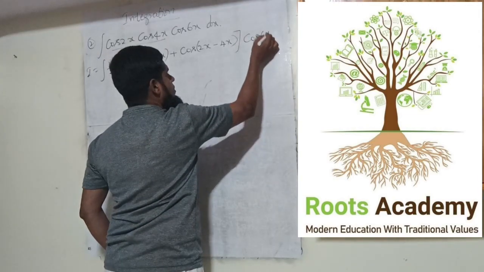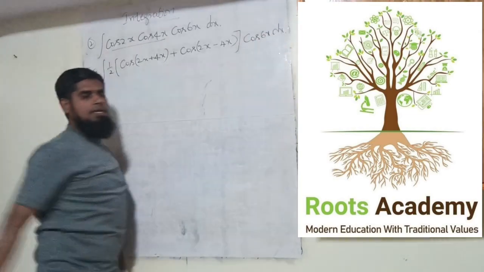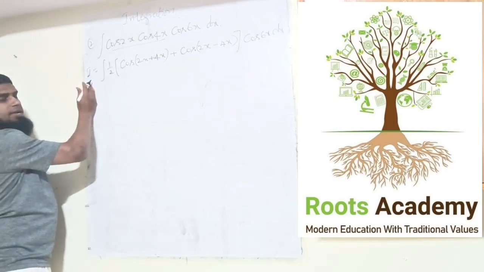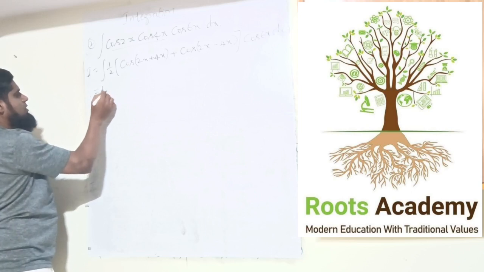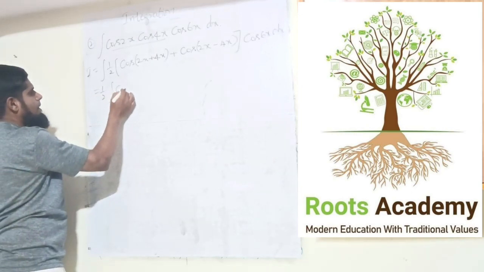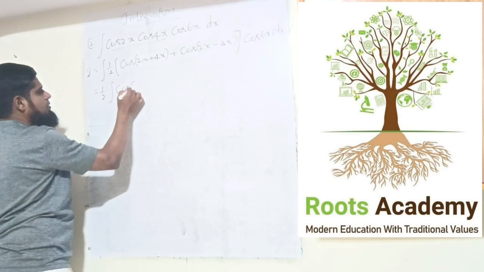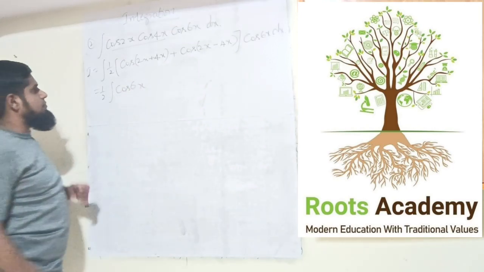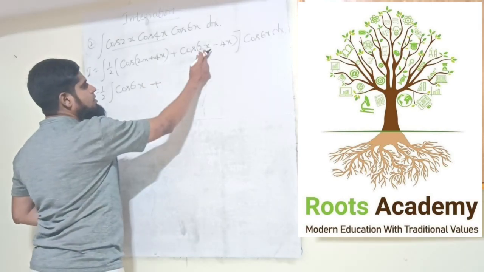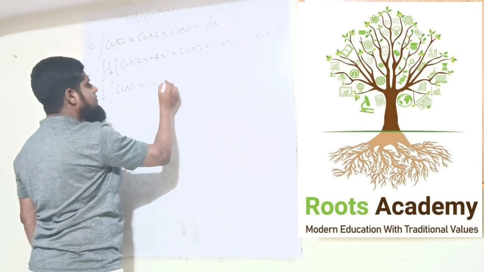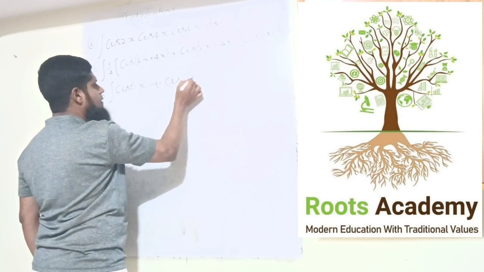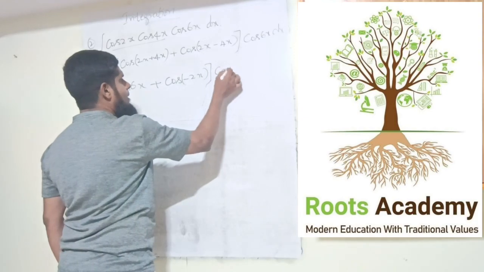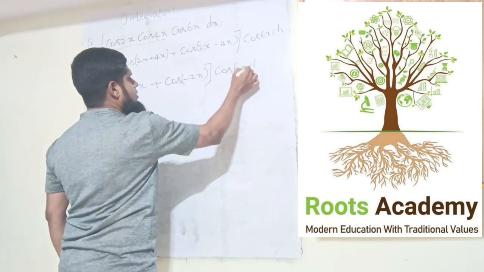No changes to this with respect to x. Now I'll take half outside the integral. Half is outside the integral. Integral of cos 2x plus 4x is 6x, plus cos 2x minus 4x is minus 2x. Close the bracket. Cos 6x dx.